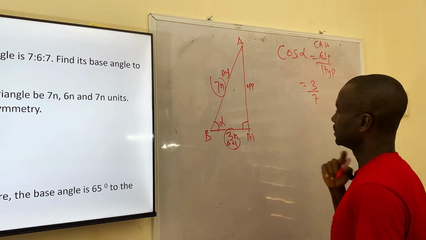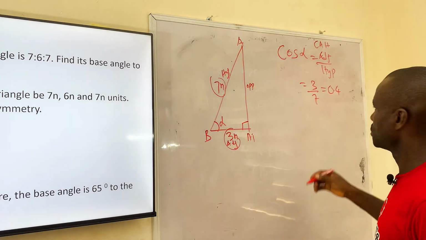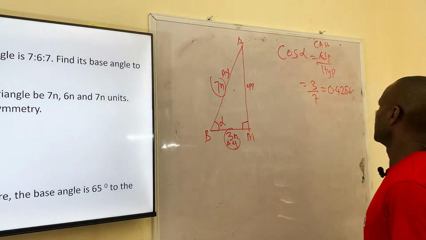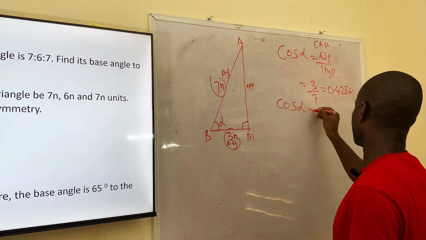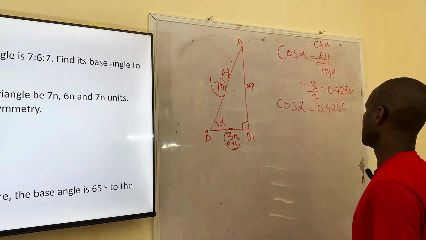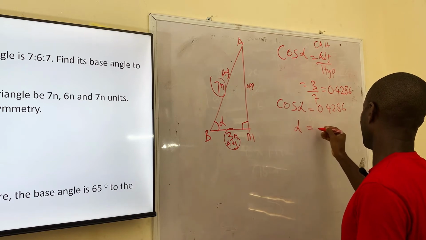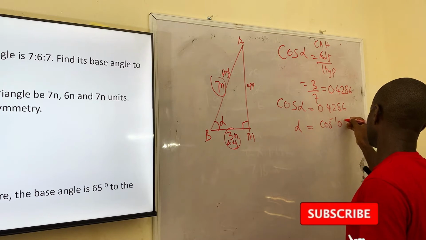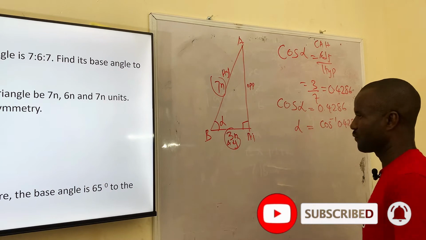divided by 7. So 3 divided by 7 will give us 0.4286. So cos alpha equals 0.4286. So for us to solve this for alpha, you find the inverse cos of 0.4286 using your 4-figure table.